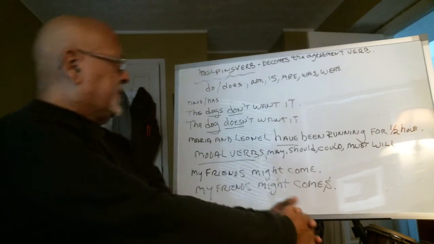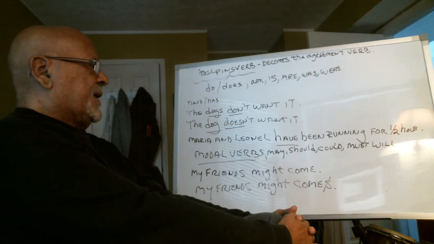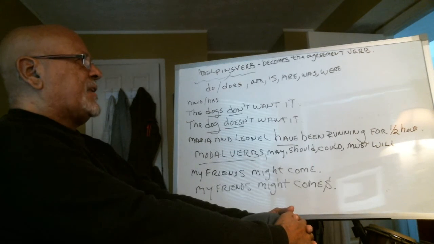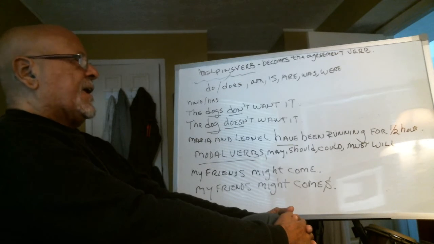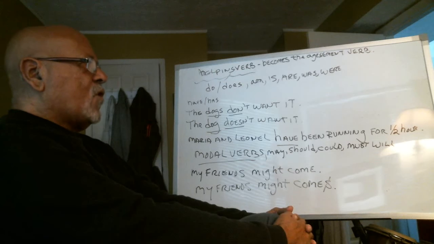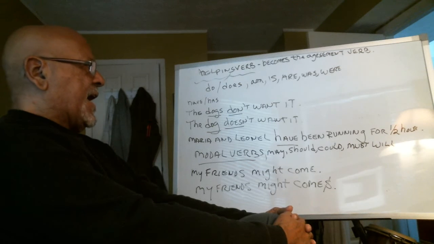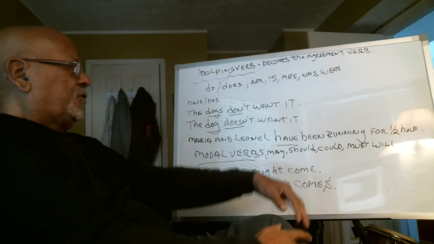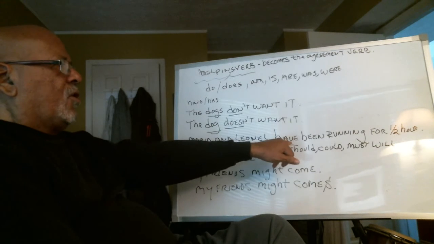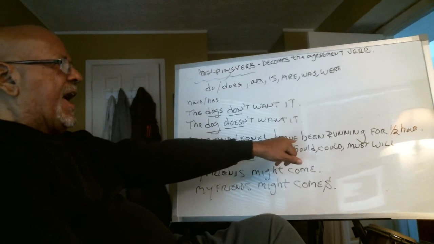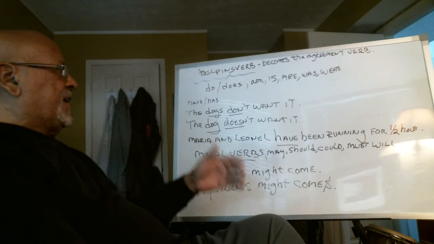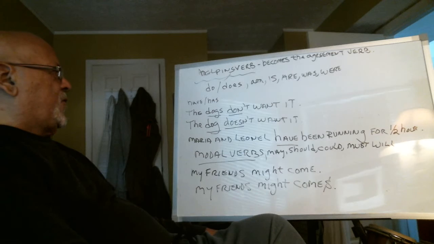Maria and Lionel have been running for a half an hour. They have been running for a half an hour. So here the verb takes the plural form. Have, not has, have. They have been running for half an hour.